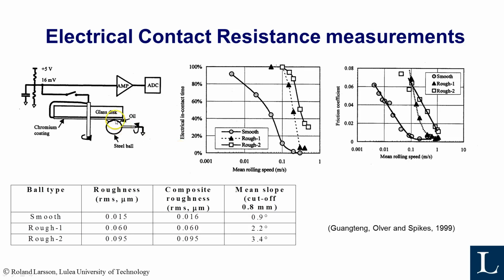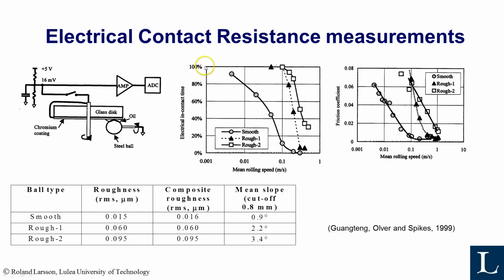The more contact you have, the lower the resistance will be if you create a kind of electrical circuit of this system. So if you have very good contact between the chromium coating here and the steel ball, then you have much metal contact. So they measure the electrical contact time. If that is high, that is much contact.